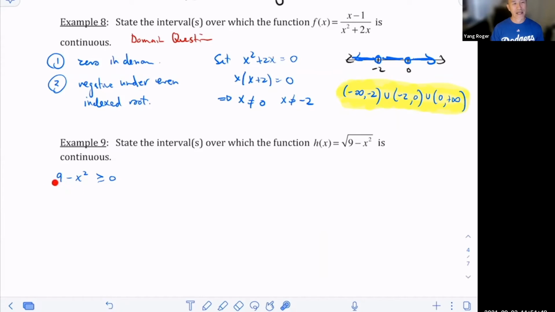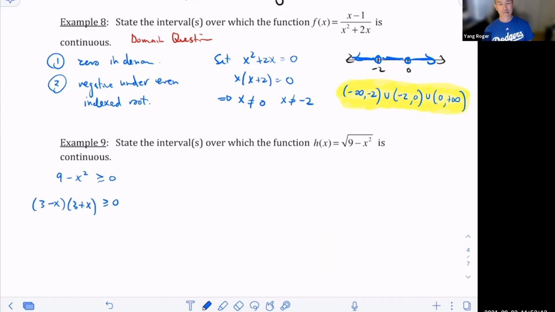If I told you it was a difference of squares? Oh yeah, it's a difference of squares. Right. So the benefit of seeing that is I can just factor it automatically, right? 3 squared is 9 and x squared is x squared. So this is just (3 minus x)(3 plus x), greater than or equal to 0.